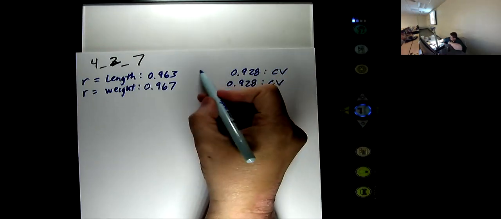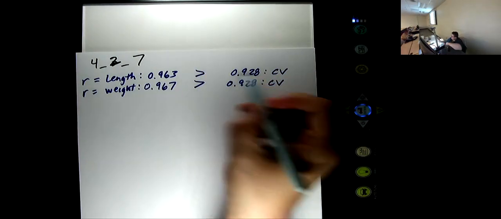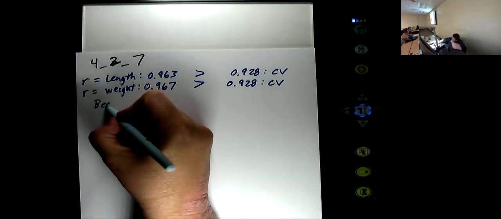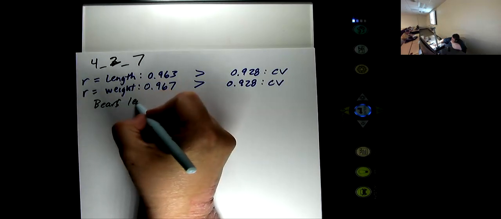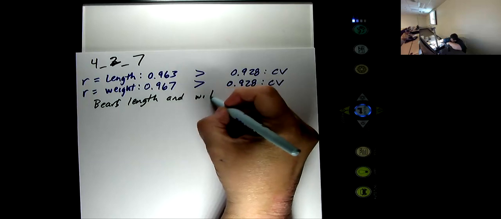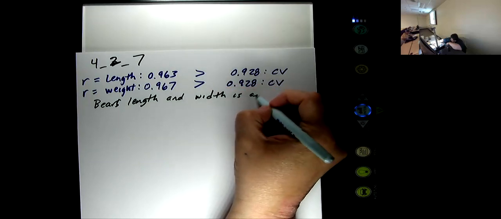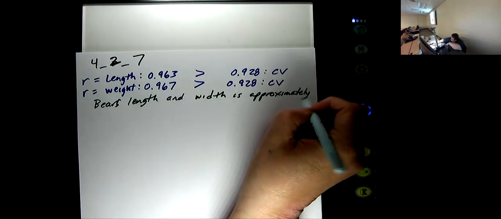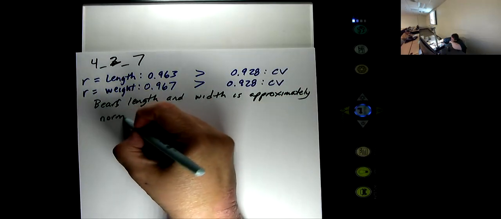I don't need the absolute value because they're already positive. In both cases, it's greater than. So the bears' length and weight are normally distributed.